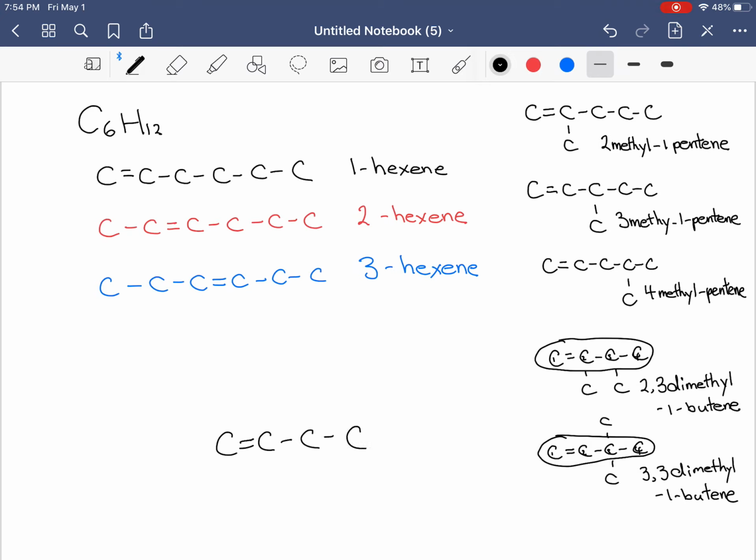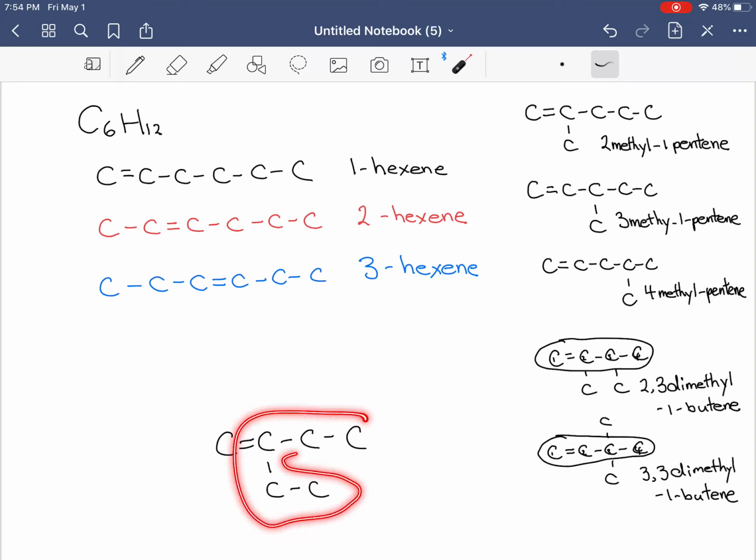There's a 1-butene. Can I do this? I don't see why not. If you think about it, you want to make sure that your longest chain contains the carbon-carbon double bond. So no matter how you put it, it's going to be the same.